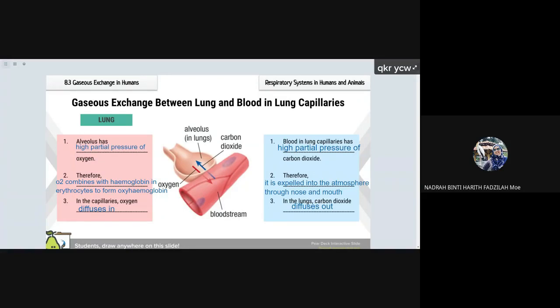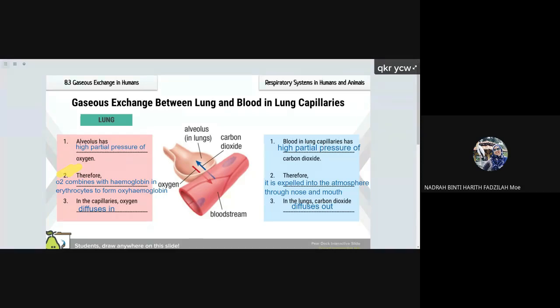Therefore oxygen will diffuse into the lungs capillaries and combine with hemoglobin to form oxyhemoglobin. So the second sentence, we must first state the direction of oxygen. Then only we say oxygen combines with hemoglobin.